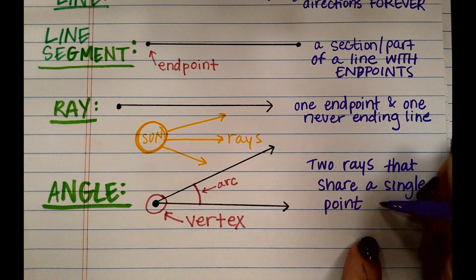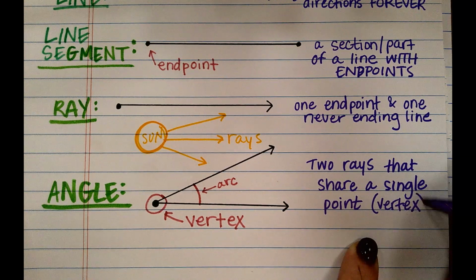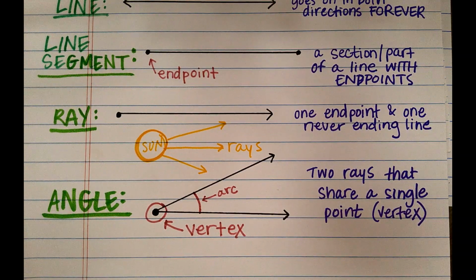And then in parentheses, I'm going to write that new word, vertex. Okay, so we've got all these definitions, and then we're going to talk about them. So I'll pause this and let everybody get a little caught up on that.